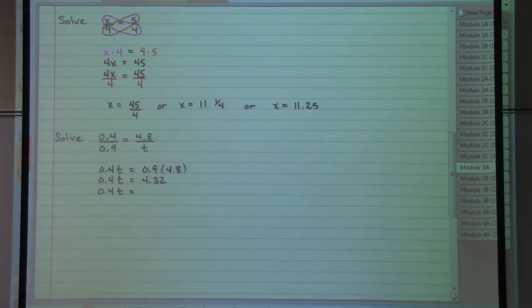So we would need to take the left-hand side. We would want to get rid of the 0.4 using division. And that means that we're going to be forced to take the right-hand side and also do that division by the 0.4.